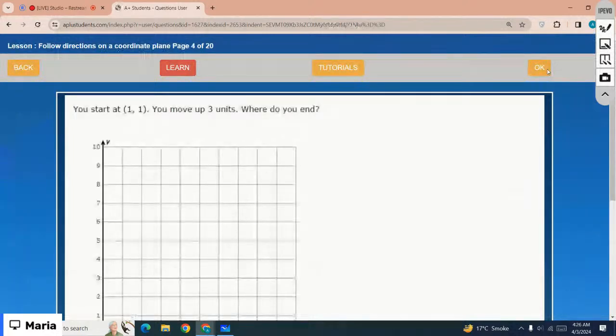Okay, the next one: you start at (1, 1). You move up 3 units. Now you're moving up, so you have to add to the y coordinate.